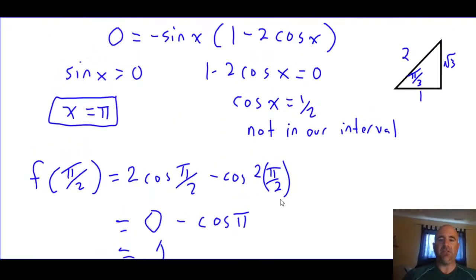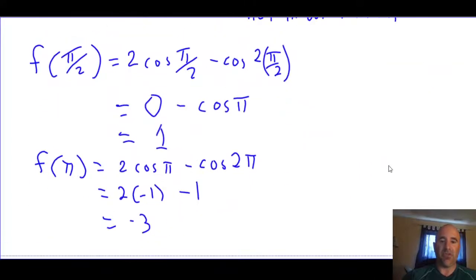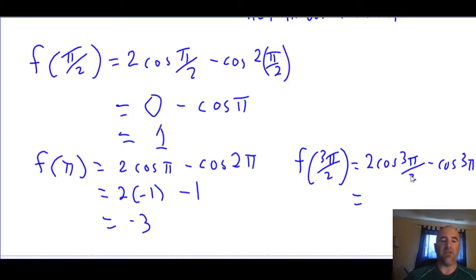And then our third value we have to check is 3 pi over 2. So the other endpoint, f of 3 pi over 2, is going to be equal to 2 times cosine 3 pi over 2, subtract the cosine of, look, 2 times 3 pi over 2 is just 3 pi. Okay, cosine of 3 pi over 2 is like cosine of 270 degrees.